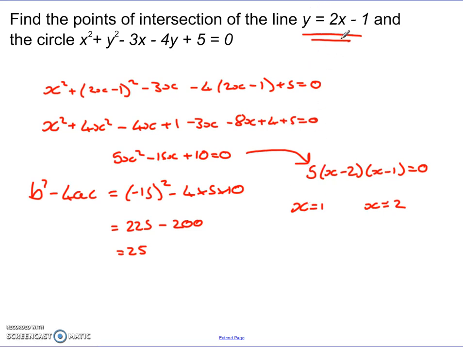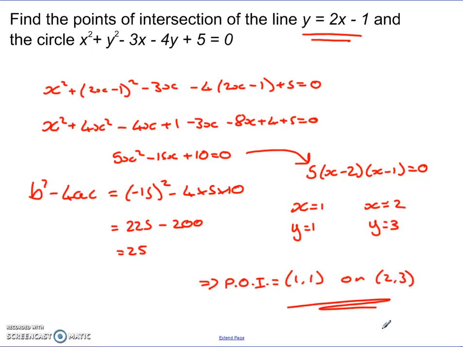So if I put x equal to 1 in, I get y equal to 2 times 1, which is 2, take away 1. So I know that y is equal to 1. And if I take x equal to 2, I get 2 2s are 4, take away 1, so y equals 3. What I can then say is my points of intersection are given by (1, 1) or (2, 3). So I've got 2 points of intersection, there's the coordinates of those 2 points.